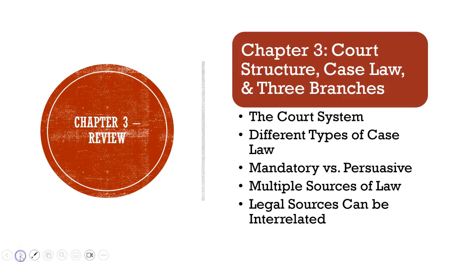Again, I recommend you go back to Chapter 3 and listen to the lecture, read the chapter again, because it is so important to the understanding of your research decisions in your research for case law, for your case scenarios that you research. It covers the court structure in case law and the three branches.